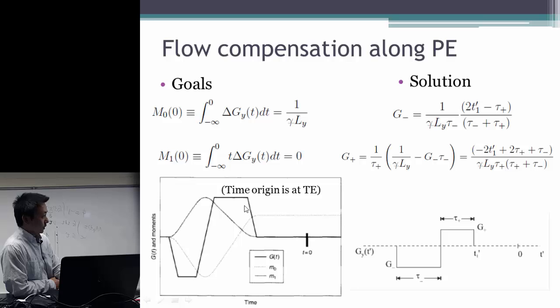Usually we use a bipolar gradient, maybe with different amplitude or duration. For this bipolar gradient, we need them to satisfy these two conditions, and then we can calculate its solutions.